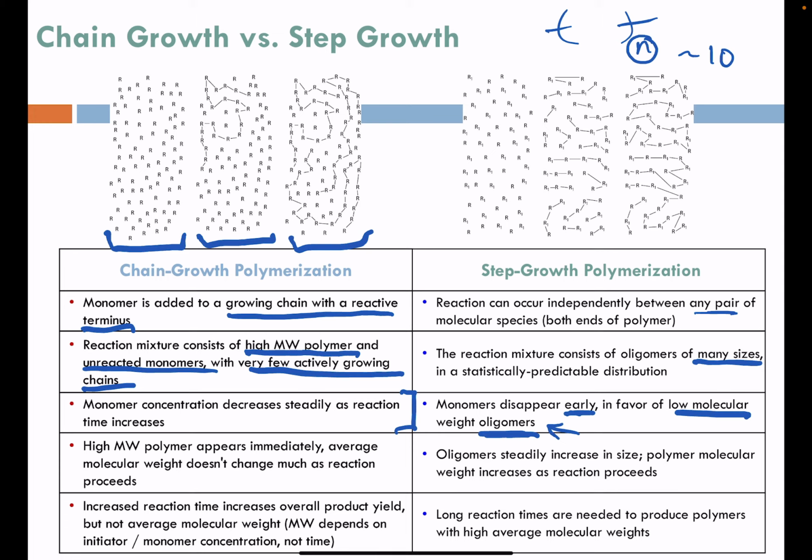So very early in the reaction, we'll see molecular species up to a repeating unit of 10, so decamers at best.